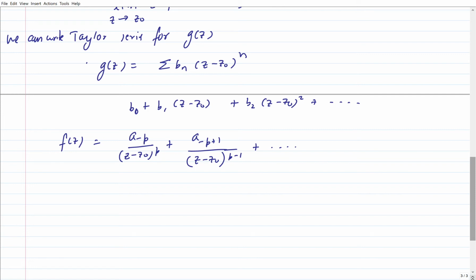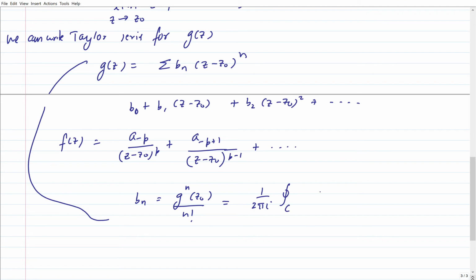So from this, I already know the coefficient b_n is nothing but the nth derivative of g evaluated at z0 over n factorial, which according to the above analysis and my formula for contour integration is nothing but this.